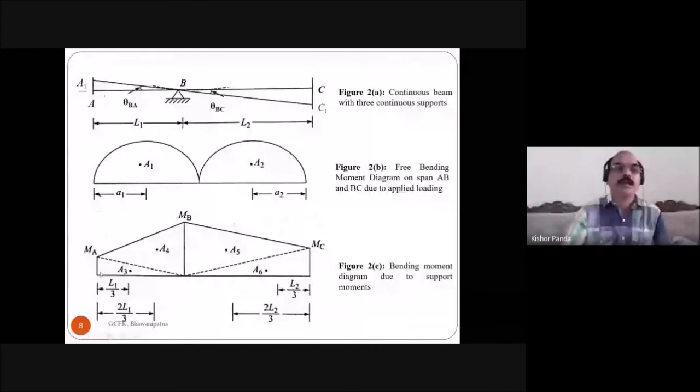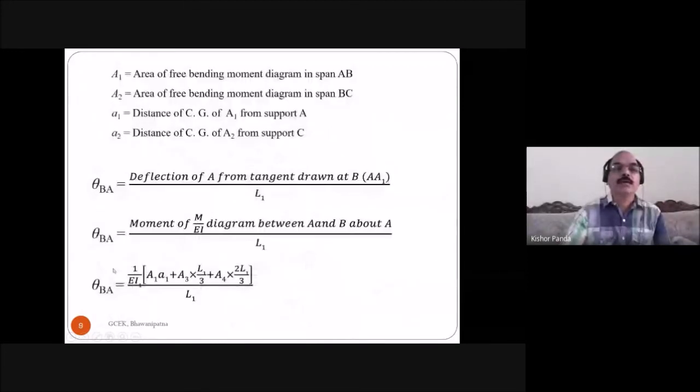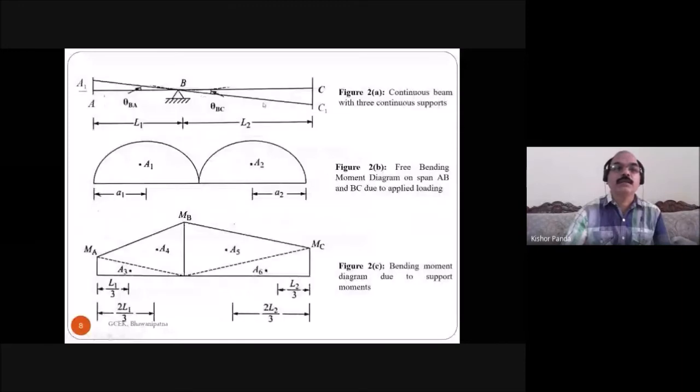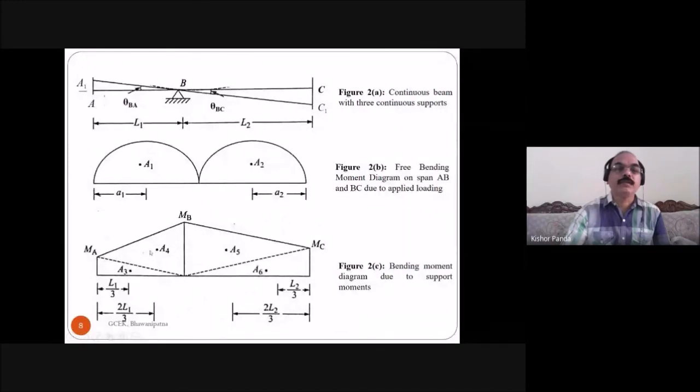So what is the area of this triangle? Half into base into height. Height is MA and base is L1. So A3 is equal to half into L1 into MA. Half into MA into L1, and the centroidal distance L1 by 3, plus similarly this triangle.